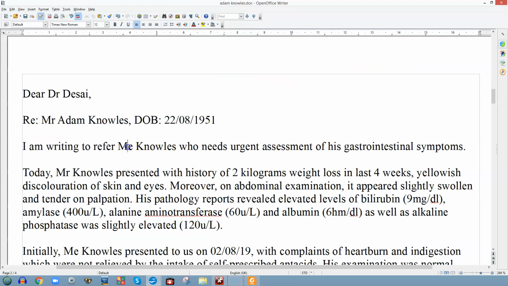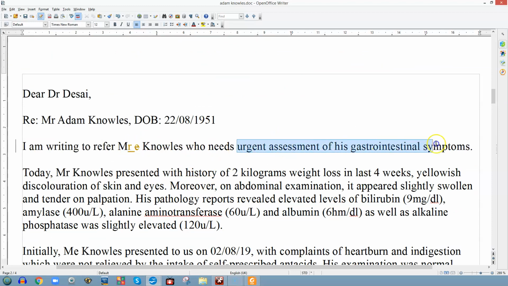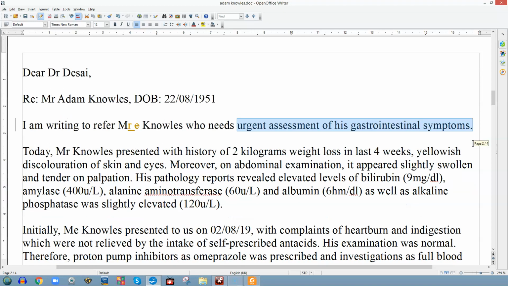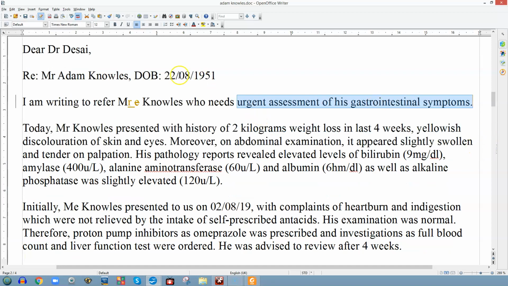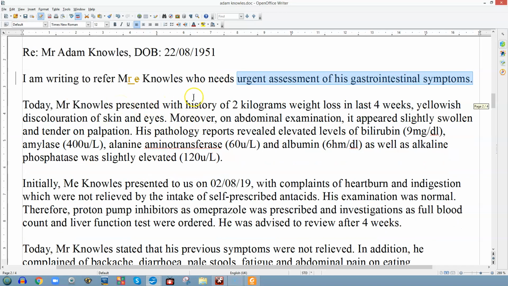For Mr Knowles, urgent assessment. Okay, I would maybe have mentioned the possibility of pancreatic malignancy. I would maybe put that there. You've got the DOB, so you don't really have to put the name. You can do age. Today, presented with a 4-week history. Well, it's not really a 4-week history, is it? Or Mr Knowles presented.